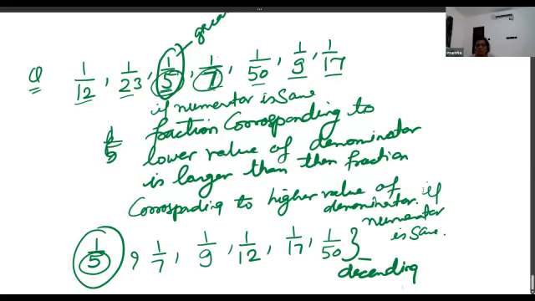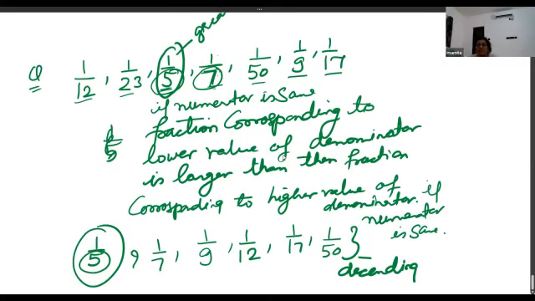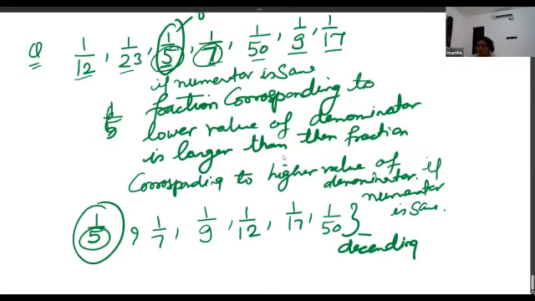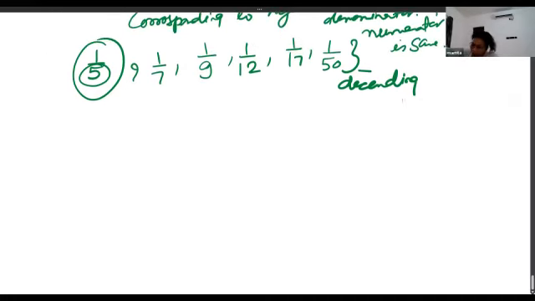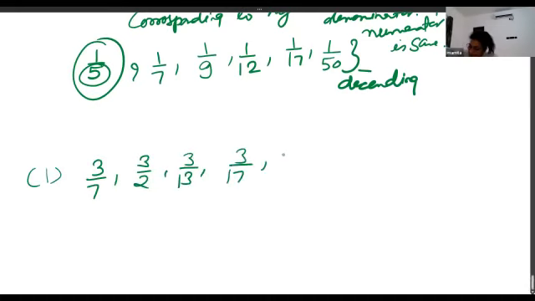Okay, children. Is it clear, children? Yes, ma'am. Children, last question: 3 by 7, 3 by 2, 3 by 13, 3 by 17, 3 by 5.